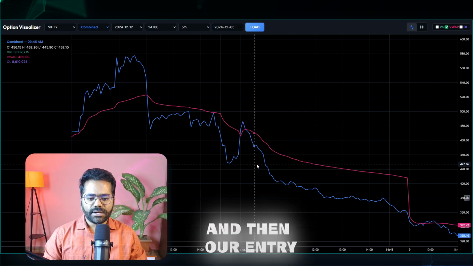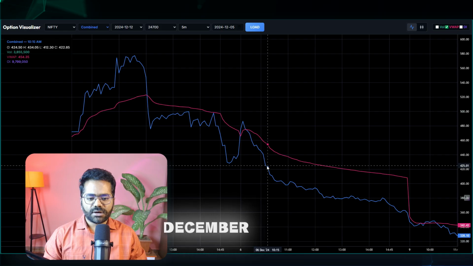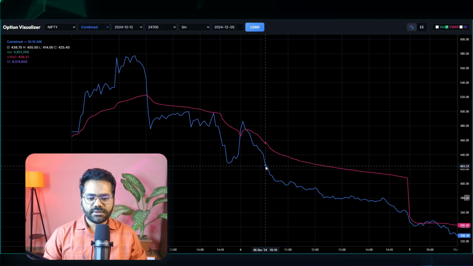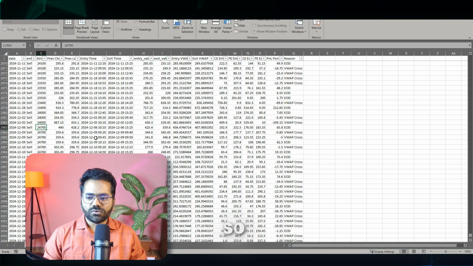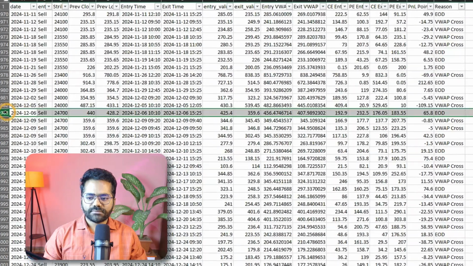And then our entry is happening on 6th December roughly at 10:20, which is below VWAP and below previous close. So as you can see on 6th, we have an entry at 10:10. Entry price is 425, which is lower than VWAP value and also lower than previous close.